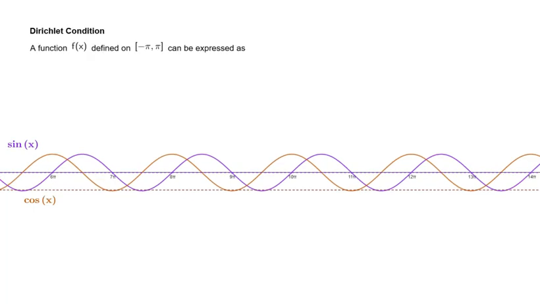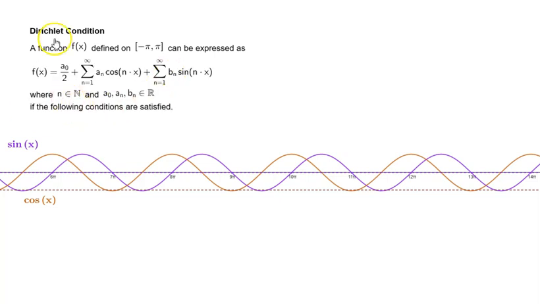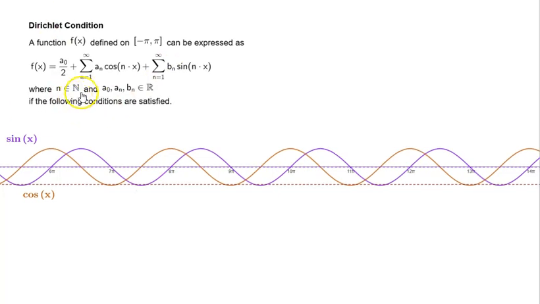The conditions are: a function f of x defined on the closed interval minus pi to pi can be expressed as a Fourier series, where n is a natural number and a naught, a n and b n are real numbers, if the following conditions are satisfied. f of x and its integral are finite and single valued. f of x has discontinuities finite in number.